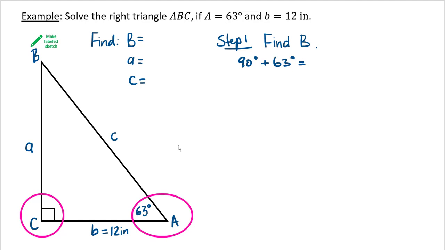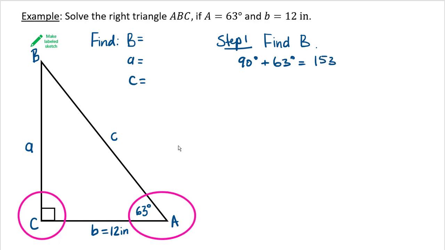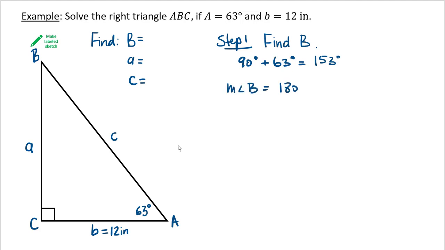That's going to be 153 degrees. And subtracting that from 180, because I know that the sum of all three angles in any triangle equals 180 degrees. So B equals 180 minus 153. That is 27 degrees.